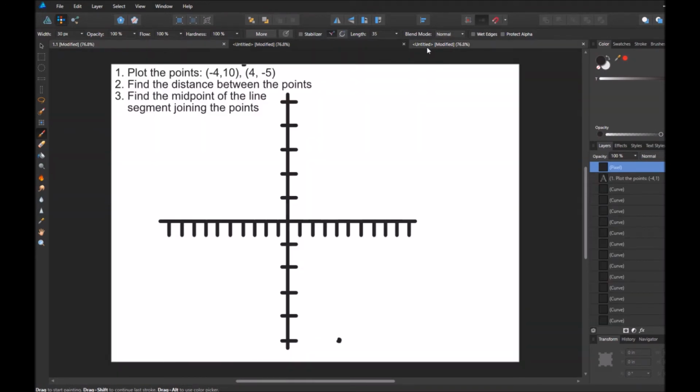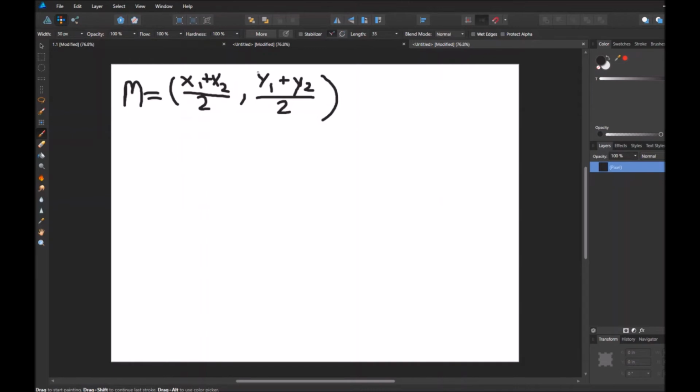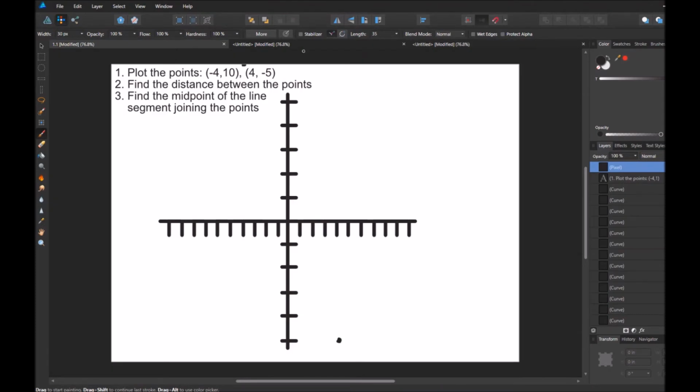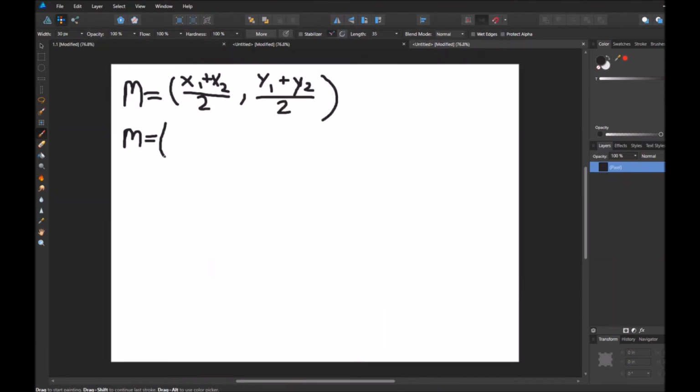So for the midpoint, we go to the midpoint formula. And again, this is just something you're going to have to memorize. So I recommend that you practice writing it over and over and keep repeating it to yourself. Maybe make some mnemonic devices if that helps. So our x1 value is -4, and our x2 value is 4, and that's going to be over 2.